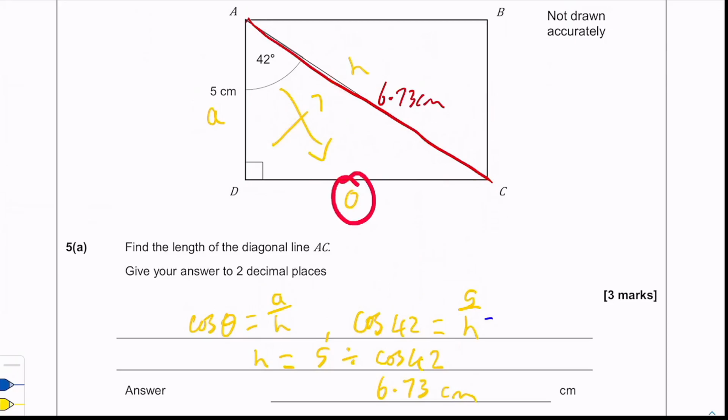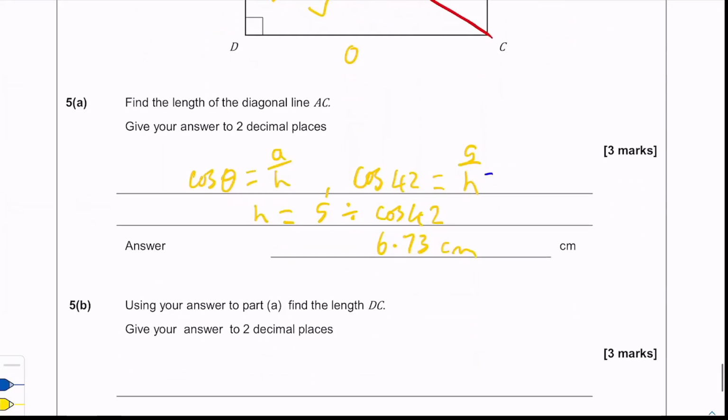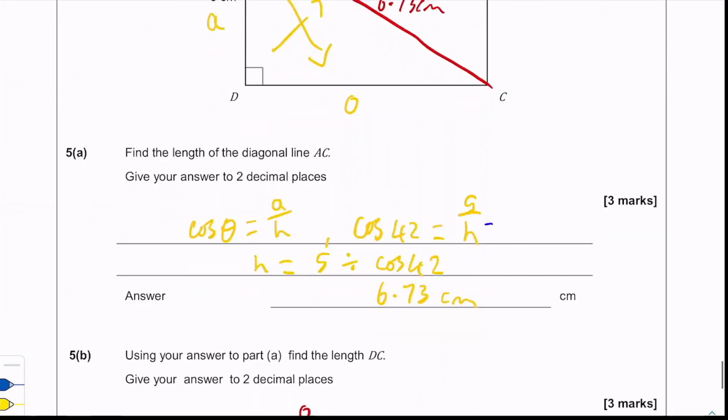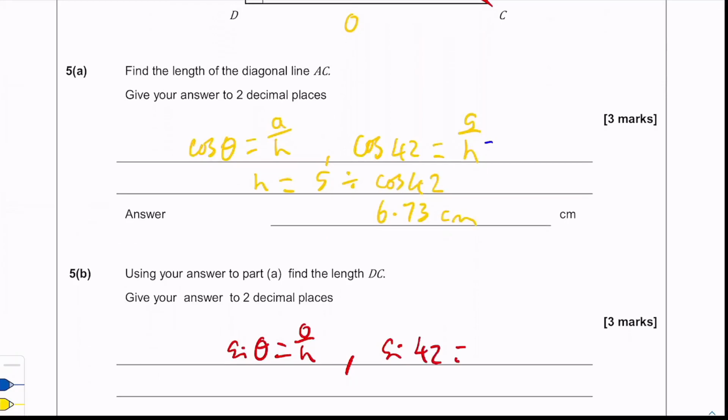A formula that uses O and H is going to be the sine rule. So we can say that sine of theta is equal to opposite over hypotenuse, and then sine of 42 is equal to opposite over 6.73.